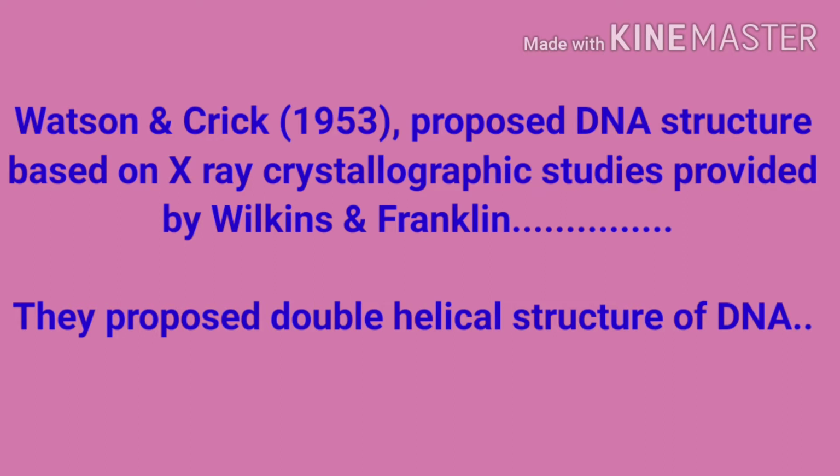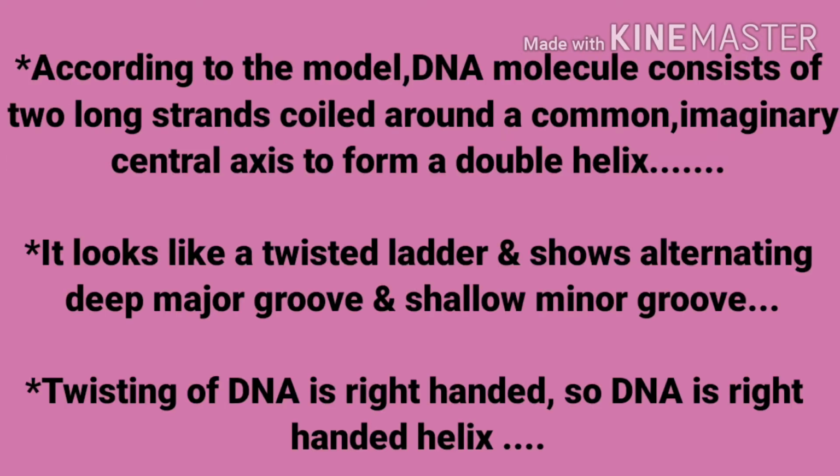Friends, in 1953, Watson and Crick proposed a DNA structure based on X-ray crystallographic studies provided by Wilkins and Franklin. According to the model proposed by them, DNA molecule consists of two long strands coiled around a common imaginary central axis to form a double helix.